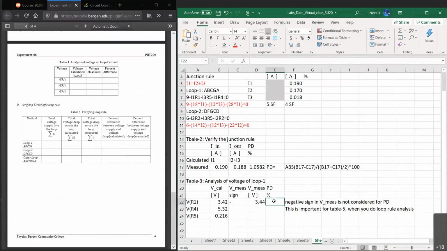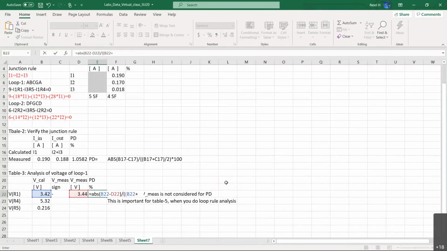Okay, now we'll do the percentage difference. When you do percentage difference between calculated and measured, that negative sign is not important. We just need the number, okay? ABS, difference between these two, divide by average between those two, parentheses 100.